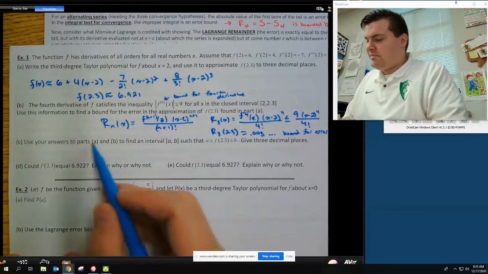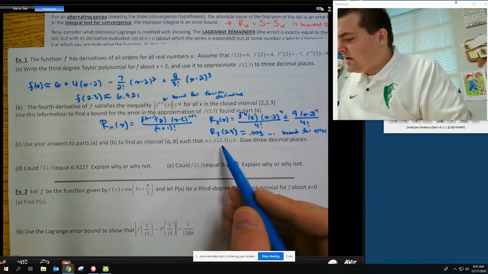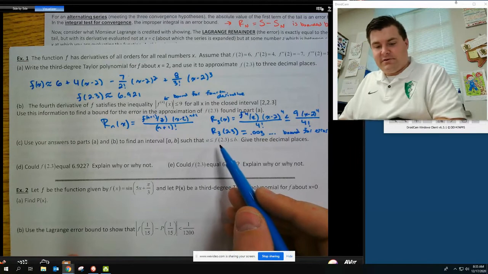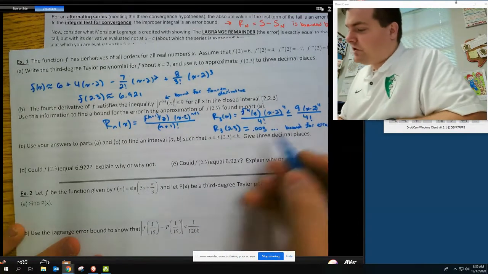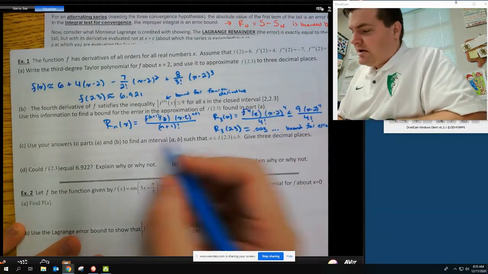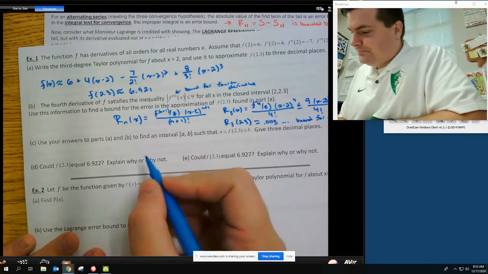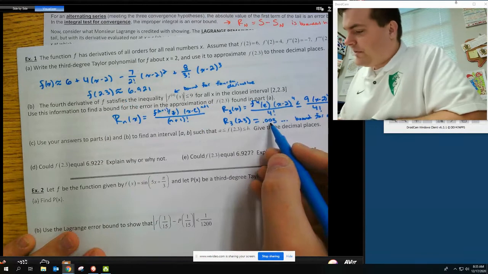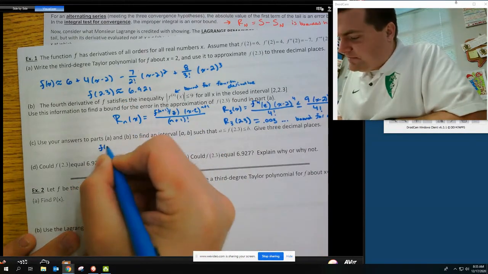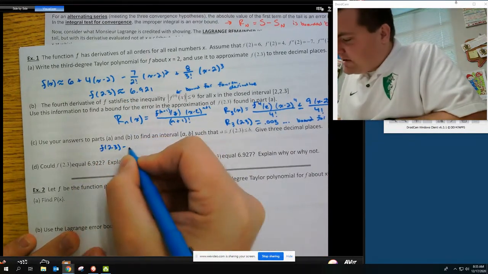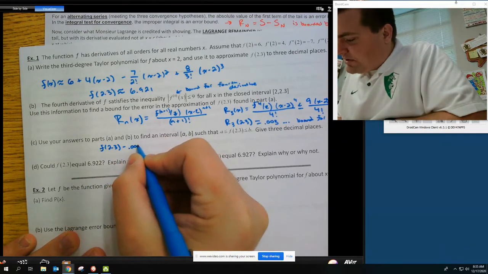Use your answers in A and B to find an interval. So pretty much now we're just trying to find the interval. Okay, so all I'm going to do here is take this f of 2.3 and subtract my 0.003.